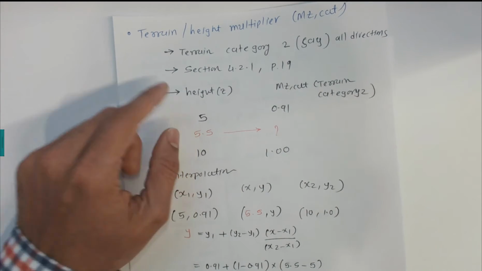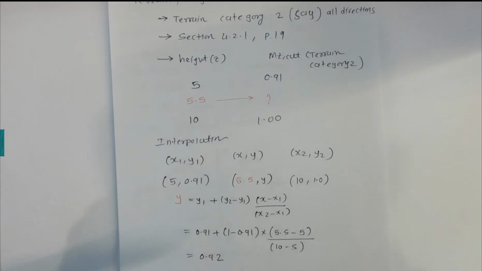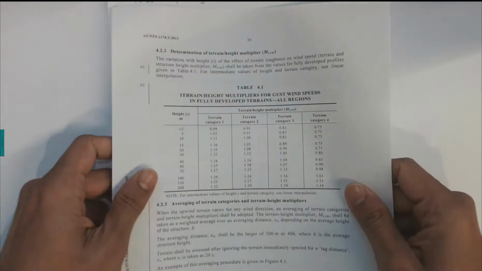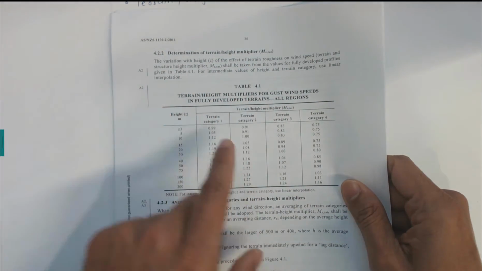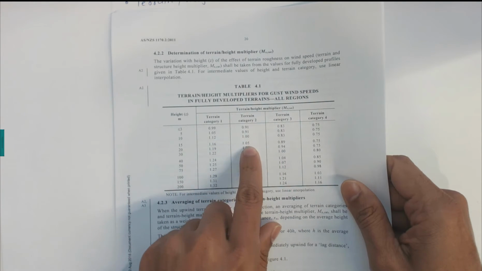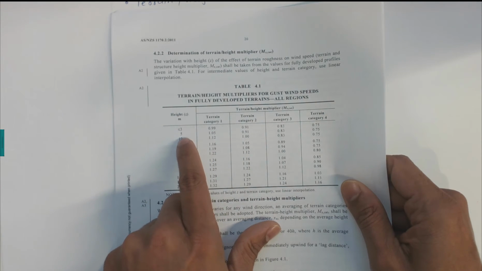Now we need to find the MZ. If you look at the next page, on page number 20, table 4.1 gives various terrain MZ values. Now we assume terrain category is 2, and the height of the building is 5.5, right?